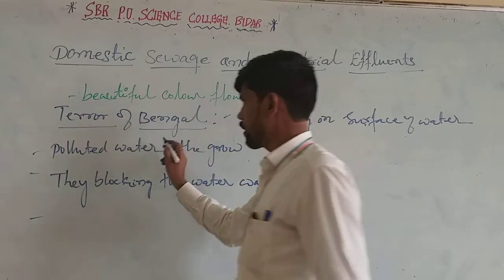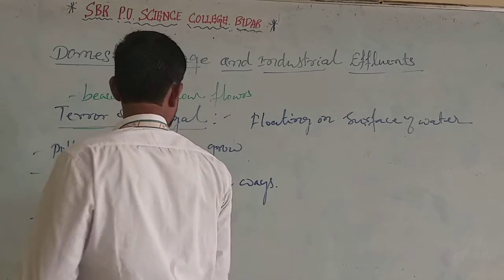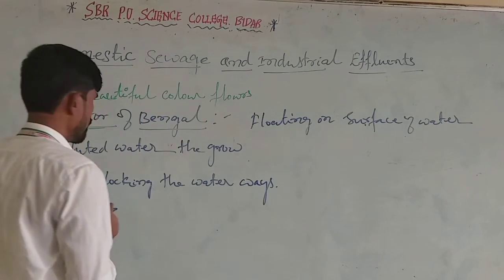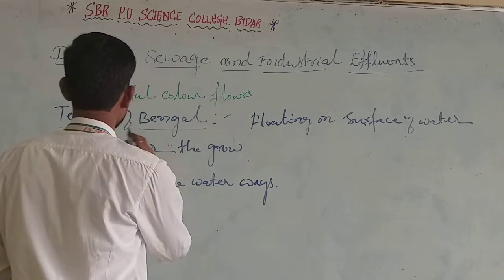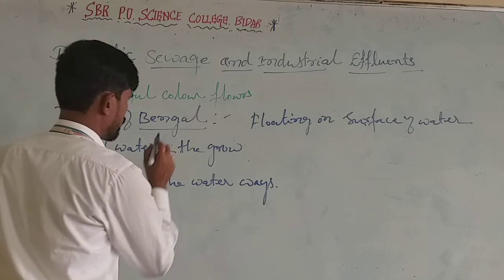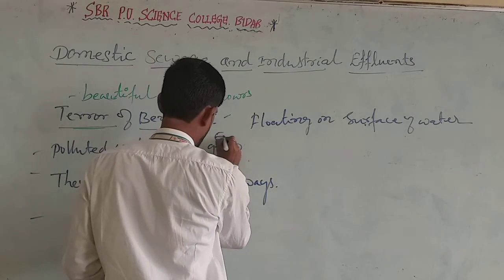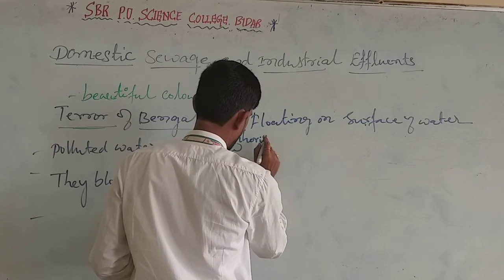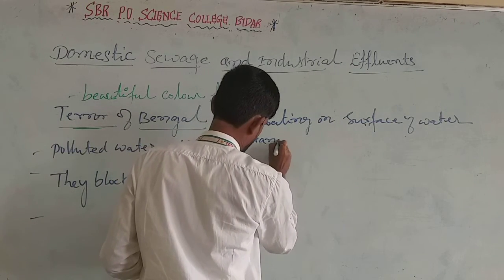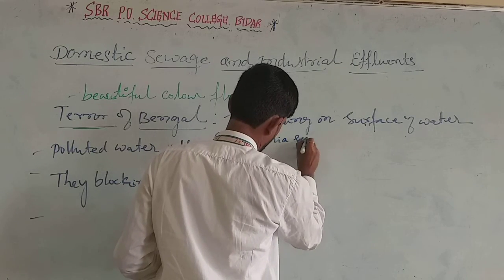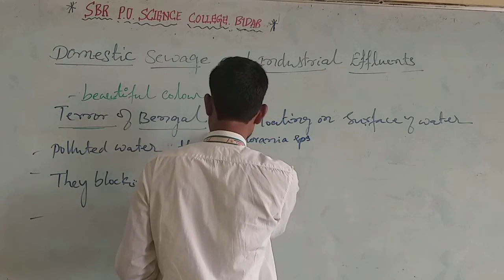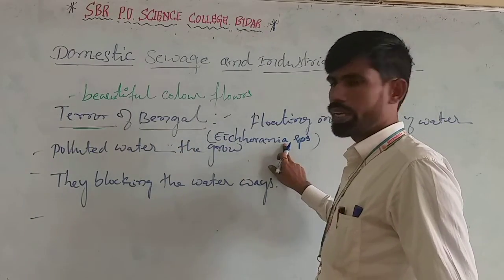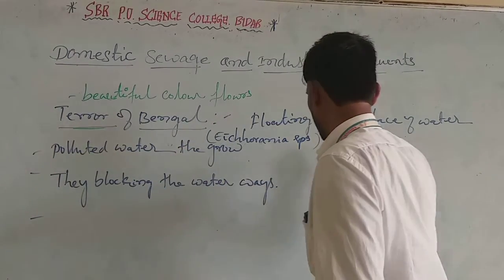They are the Terror of Bengal. These are Eichhornia species. I'll write it now. These are Eichhornia, and they grow in polluted water.